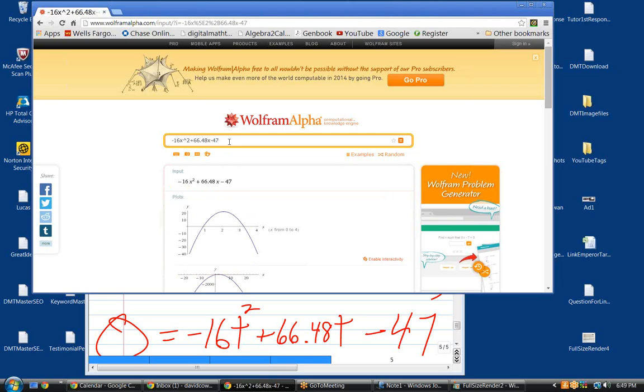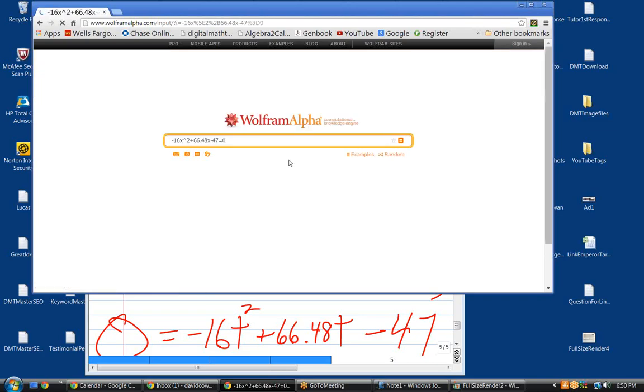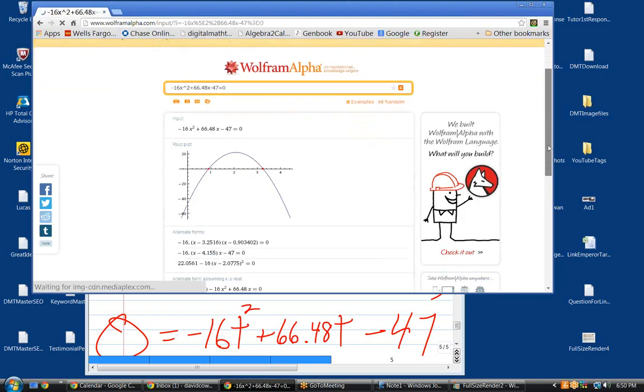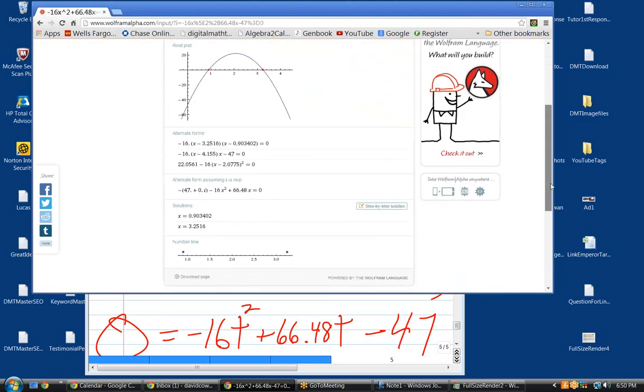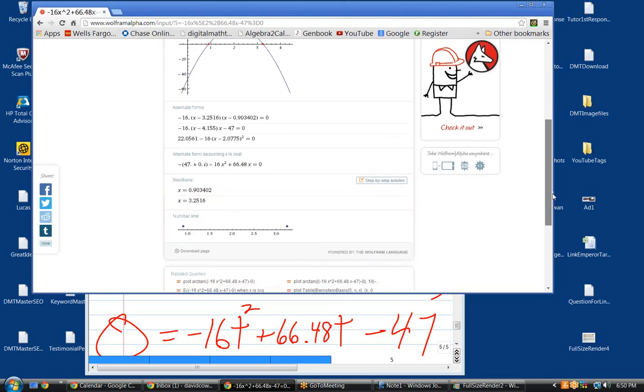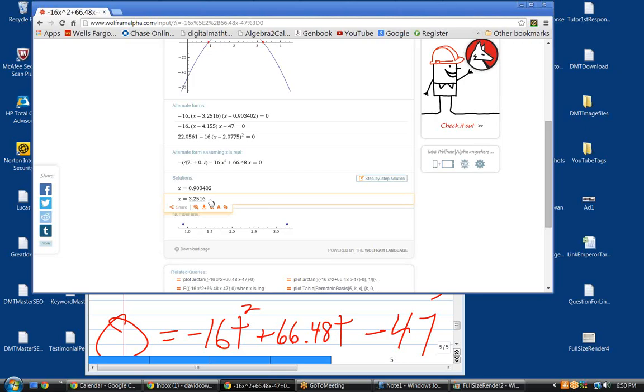Hold on a second, maybe they don't automatically set it. Let me set it equal to 0 and see what the two times are. So it would hit the pig going up at 0.9 seconds, and it would hit the pig coming back down at 3.25 seconds. But the answer is going to be this, because presumably if you hit the pig, it's going to fall out of the sky, so it wouldn't hit it on the way down.